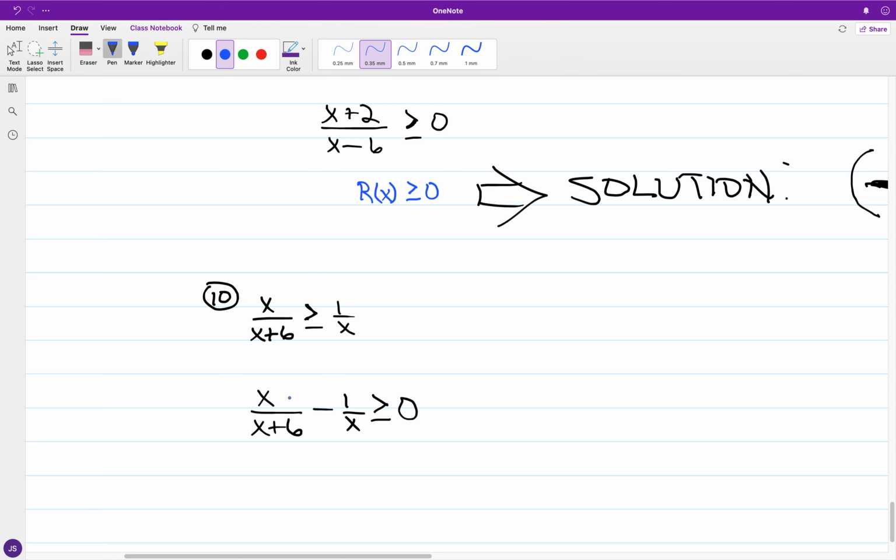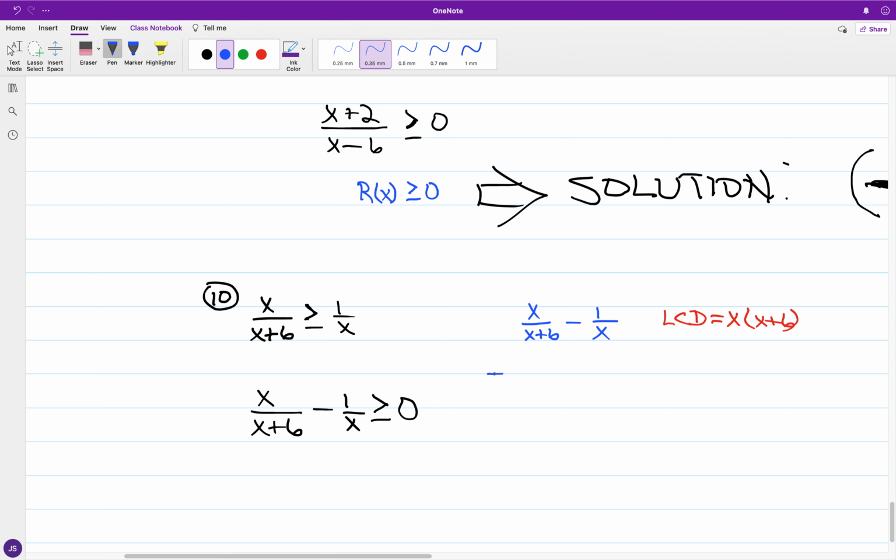I'm going to be looking at consolidating this as a single expression, so I want to combine these fractions into one. Now for the least common denominator, that's going to be x times the quantity of x plus 6.